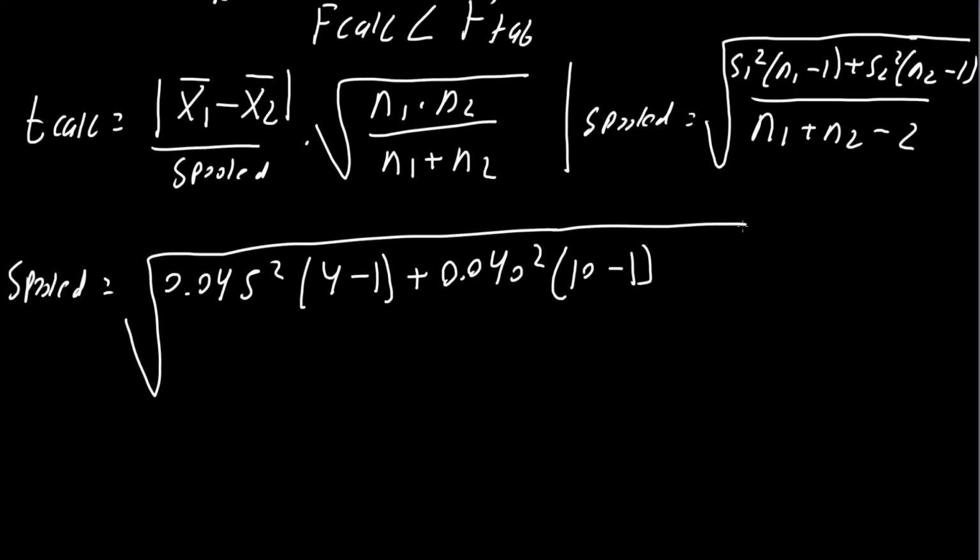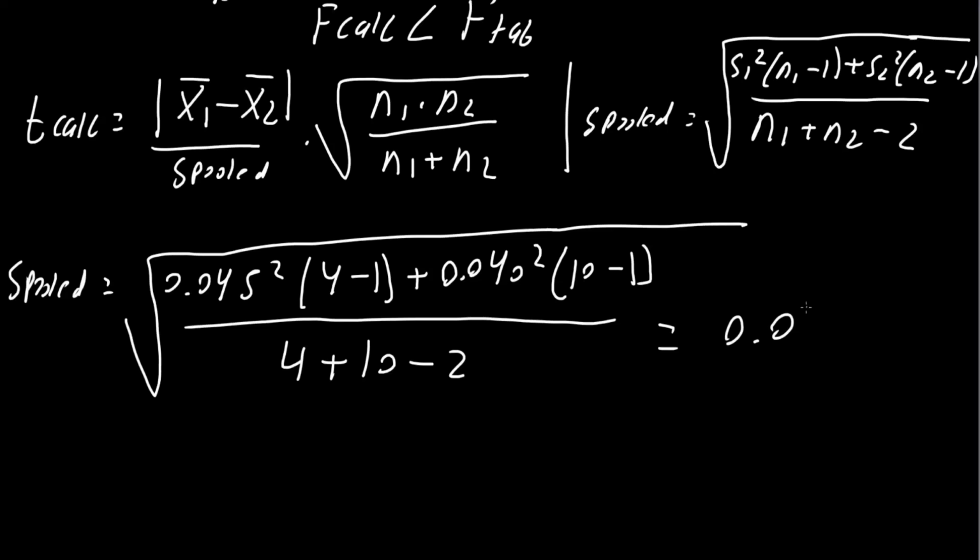Now this will be divided by 4 plus 10 minus 2, and so we would get 0.0413.